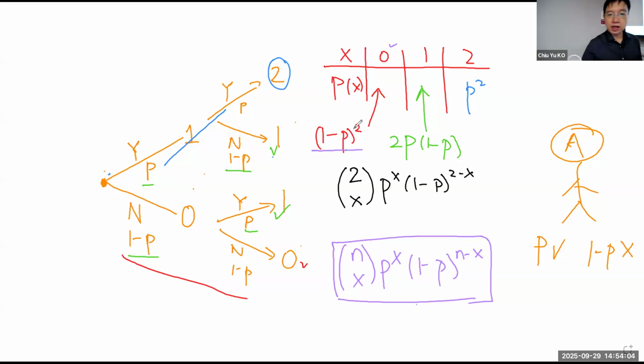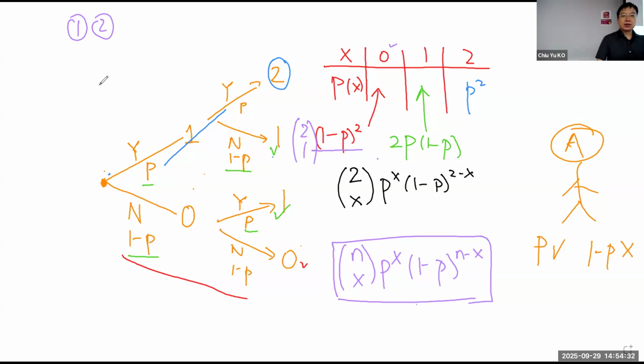Because there's 2 choose 0. Why? Imagine that you have two balls here. You draw balls. If you draw one, the first round is success, the second round is fail. If you draw two, the second round is success, the first one is not. If you draw 1 and 2, both are successful. If you draw no balls, it means none are successful.